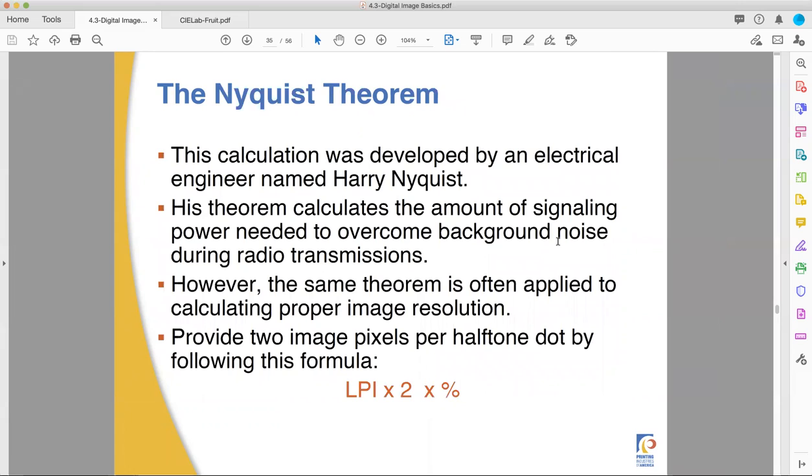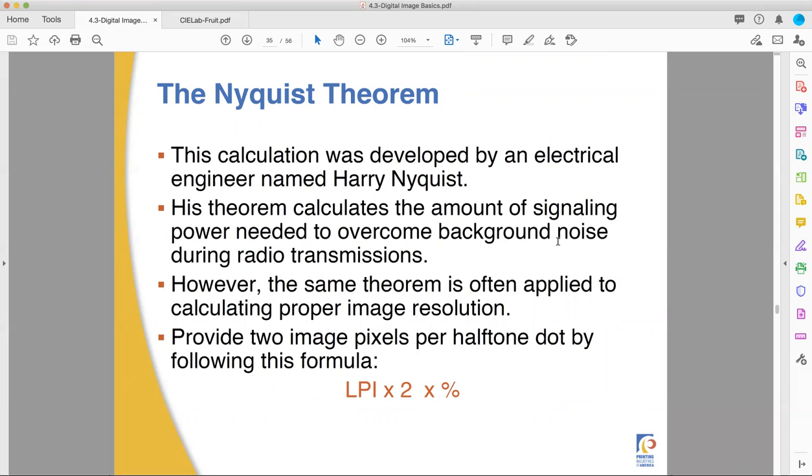So the Nyquist theorem is something we'll end on probably for this video. Harry Nyquist was an electrical engineer who came up with this. He was trying to figure out how much electrical power you had to put behind a radio transmission to make sure it overcomes other background noises to be received on the other end. The same theory ends up being adapted to work for printing to help us determine our final image size when scaling images.